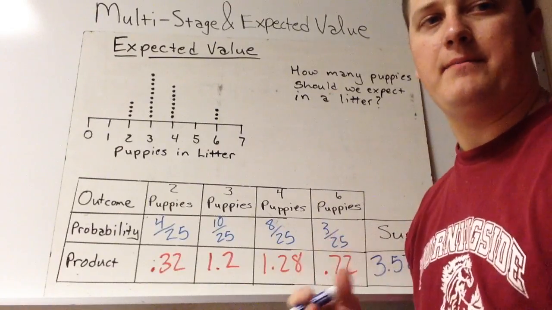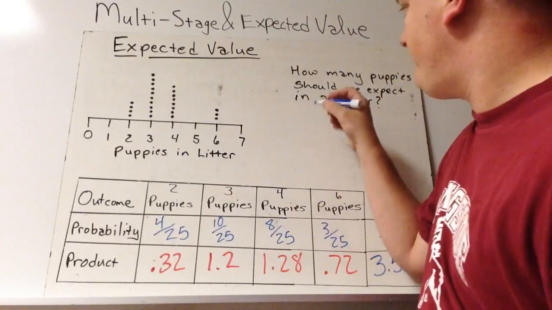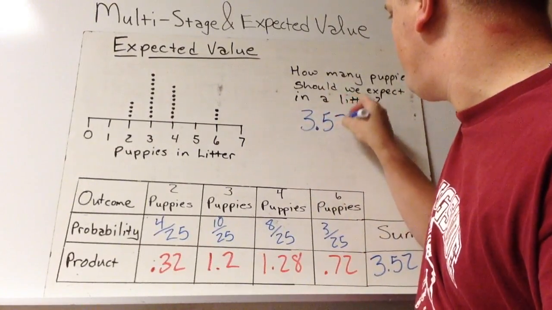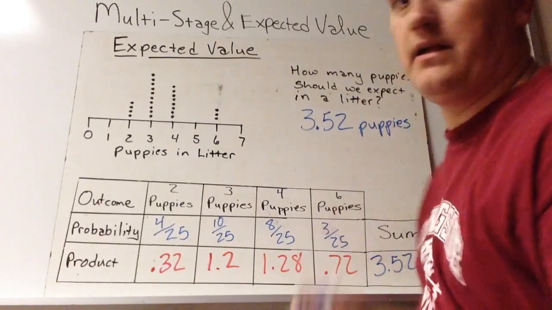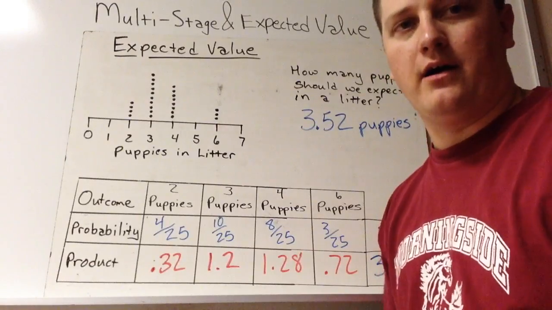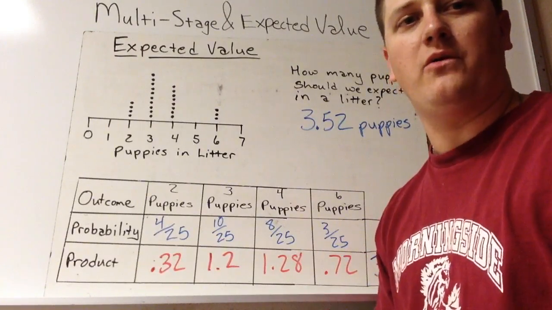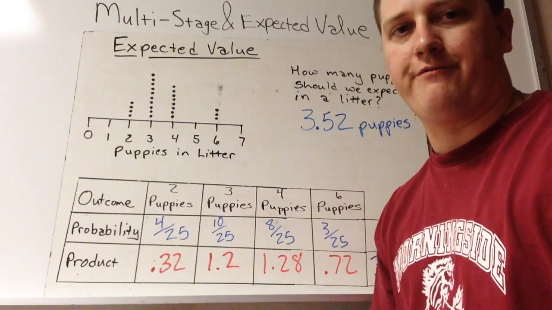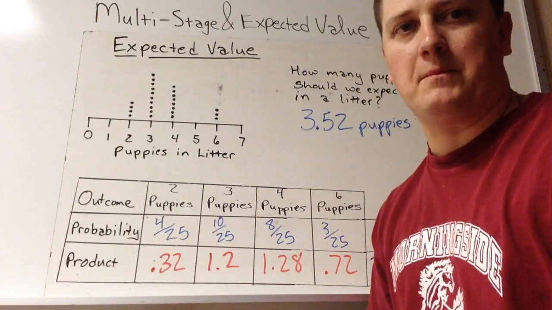So for a female dog in this kennel, we can expect her to have 3.52 puppies when she has a litter. Now we all know that you can't have 0.52 puppies, so our expectation is that the dog is going to have 3 or 4 puppies in her litter based off of these numbers.